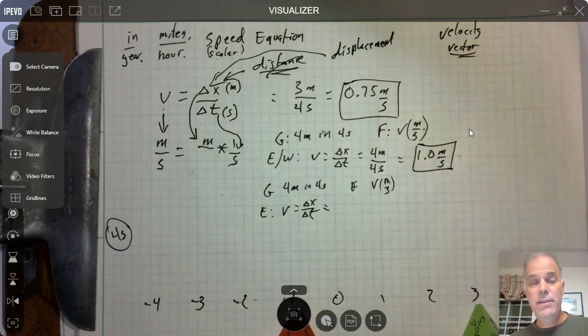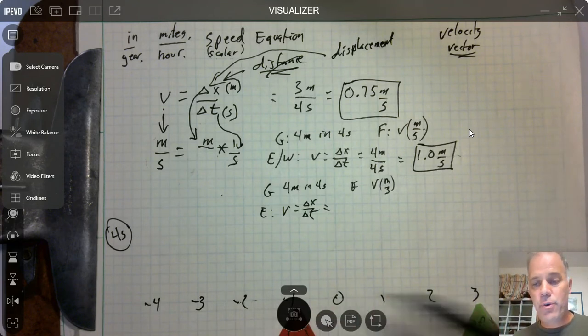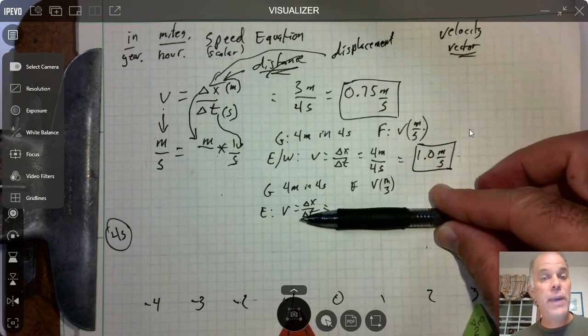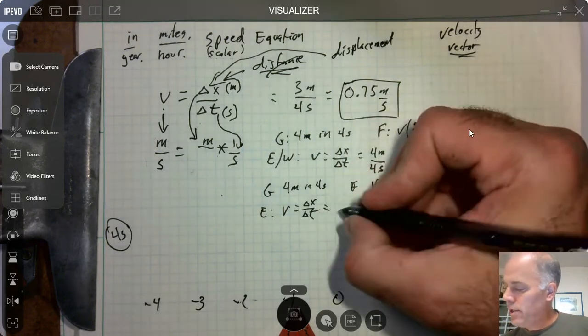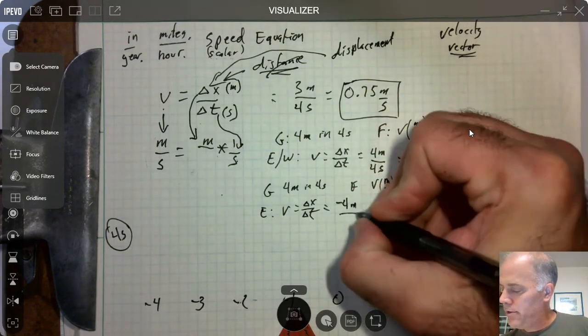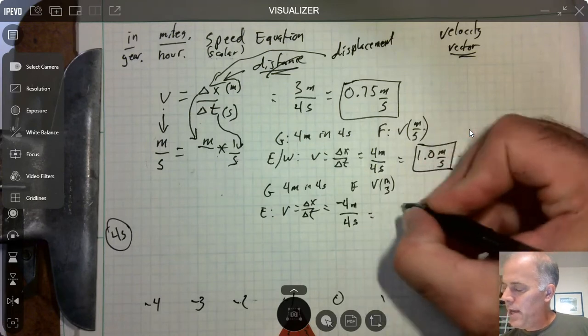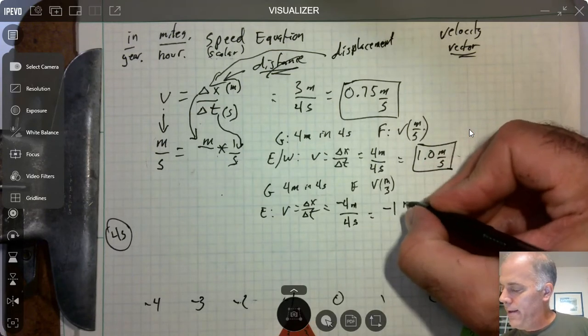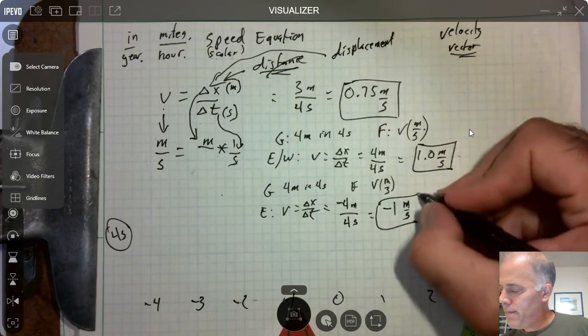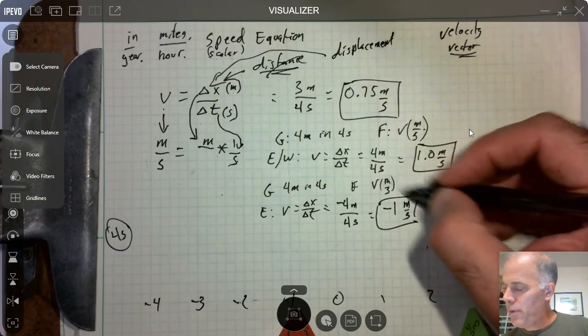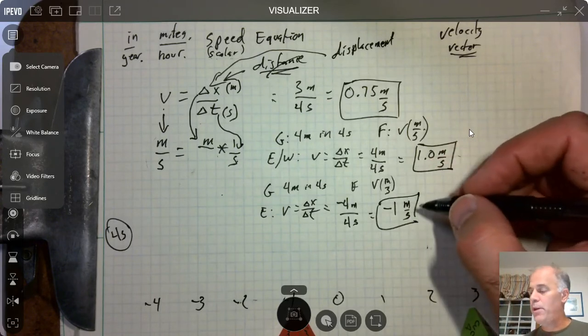And this time, the displacement is -4, because we're moving in the backwards direction. We have to indicate that. So it's going to be -4 meters divided by 4 seconds, and we wind up with -1 meters per second. We check to make sure that our units are what they're supposed to be. So yeah, -1 meters per second.